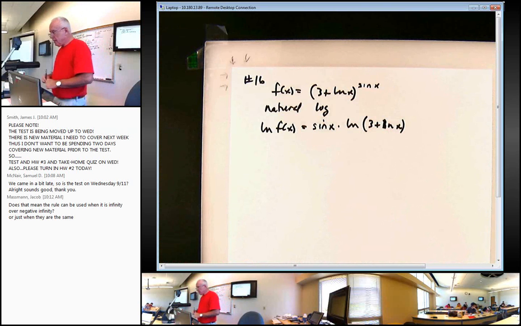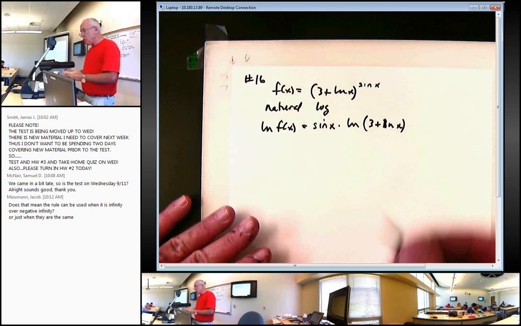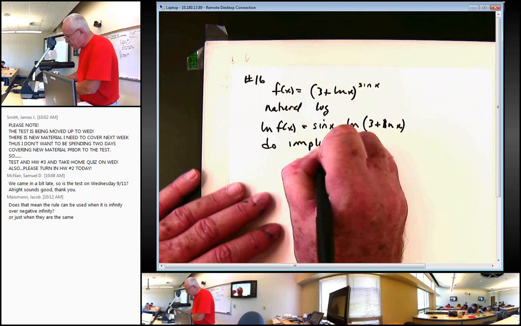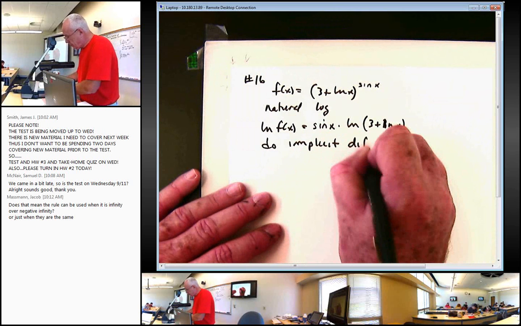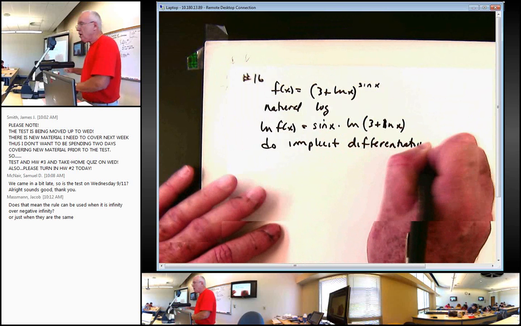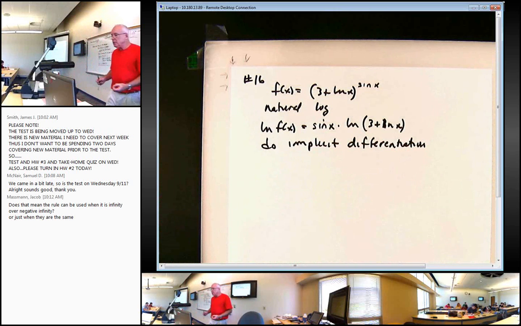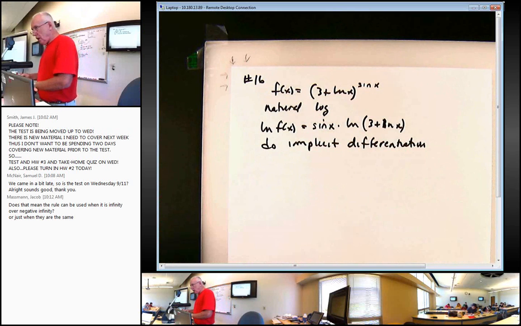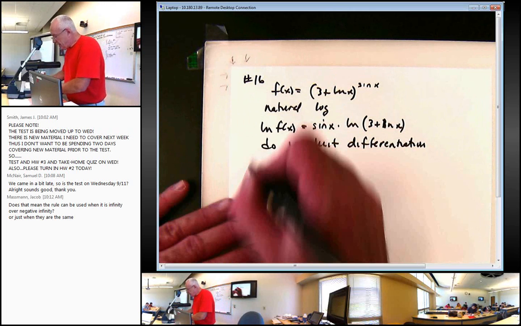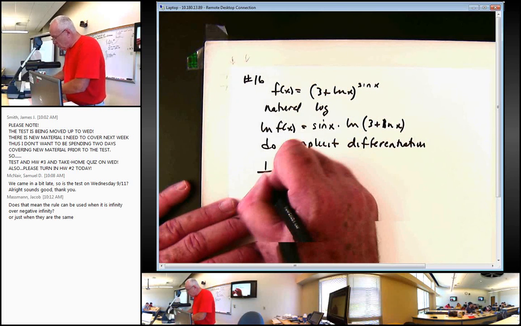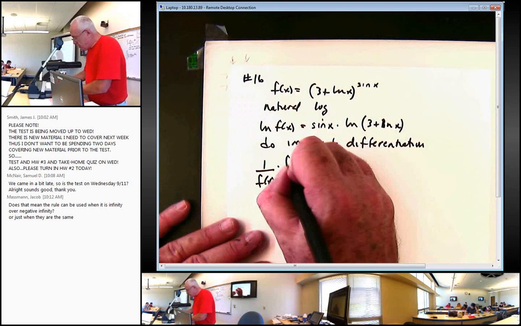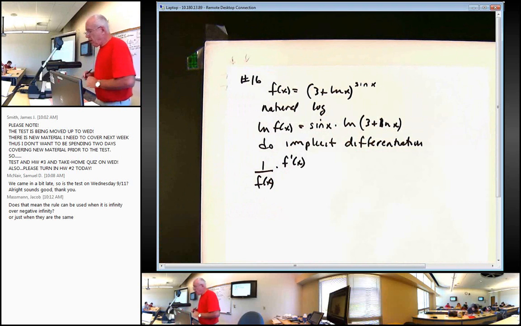All right. Now, we then do the derivatives, implicit differentiation. Okay, so the derivative of ln of f, that's going to be 1 over f times the derivative of the inside function.